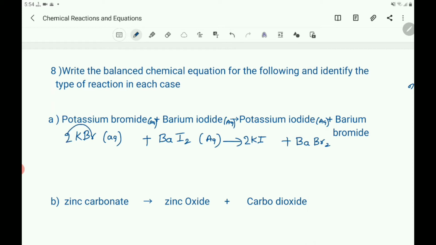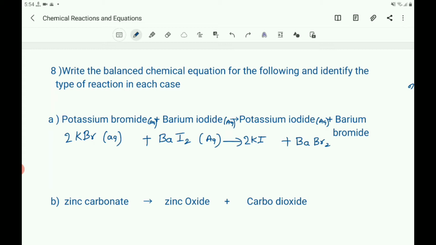And 2Br, 2 atoms of bromine, here BaBr2, 2 atoms of bromine you got. And barium, single atom on the reactant side and single atom on the product side. In this way you got the balanced chemical equation for the given reaction.